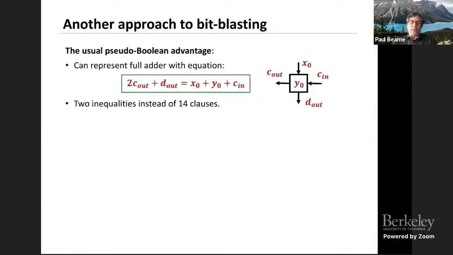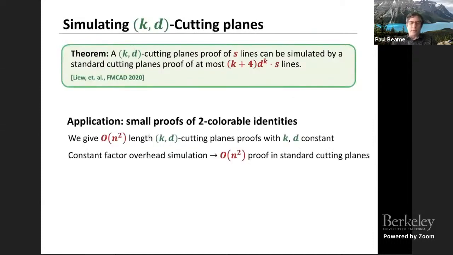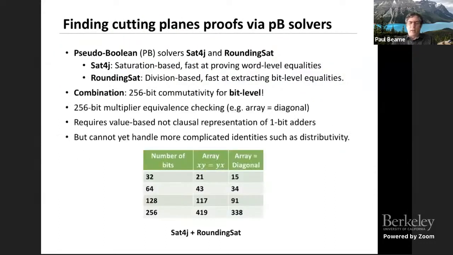And one thing, by the way, for all of these solvers, 256 bits means that we've got to be able to represent in our solver things like 2 to the 256 or 2 to the 511, or 510. So it's important that these solvers be able to use large coefficients.